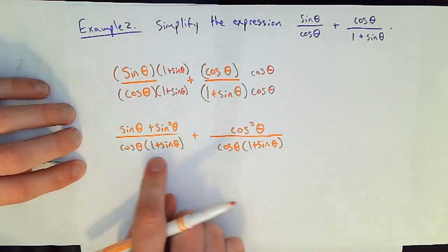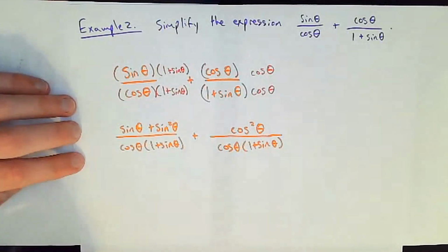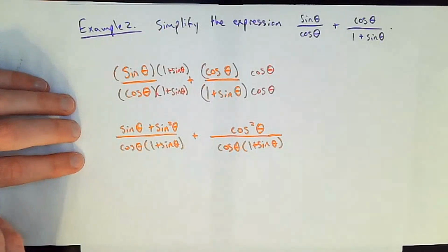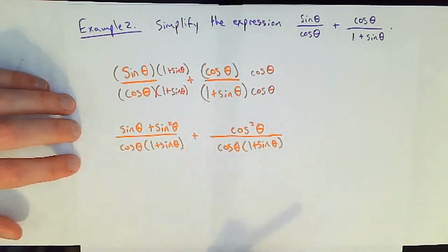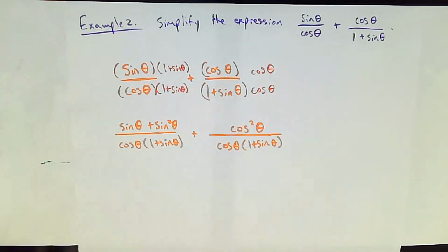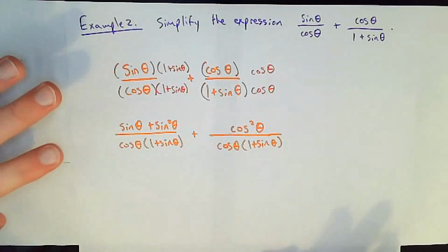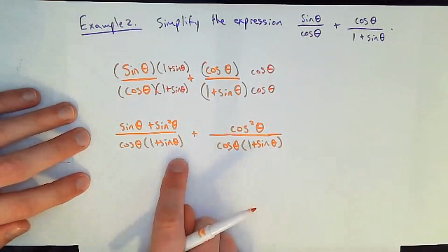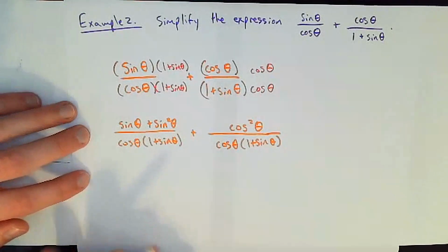Why didn't I distribute in the numerator or the denominator yet? Well, I mean, I can, and I probably will. But let's see where it goes first, because maybe I shouldn't distribute yet until I see if I can cancel one of the factors in the denominator.